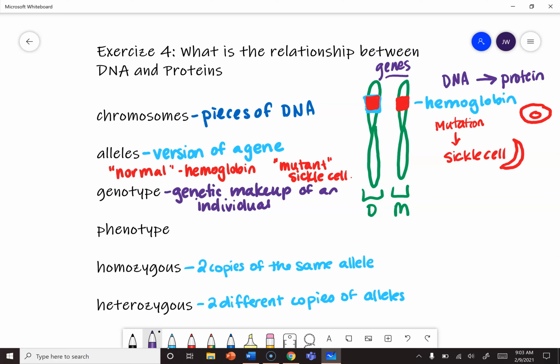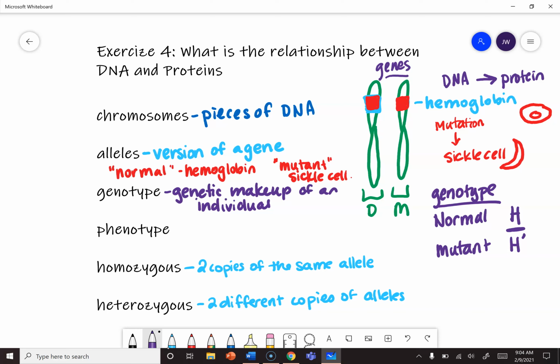So, for example, for sickle cell, the genotype of the normal hemoglobin is written as capital H. So that would tell us, if somebody has a capital H allele, that would tell us something about one of their normal alleles. The mutant, or the sickle cell, is denoted by an H prime.